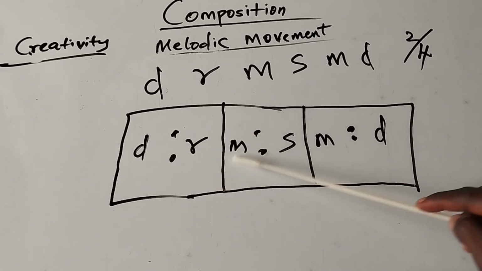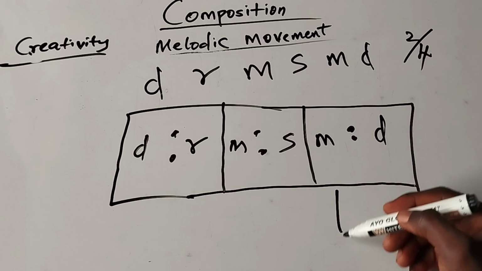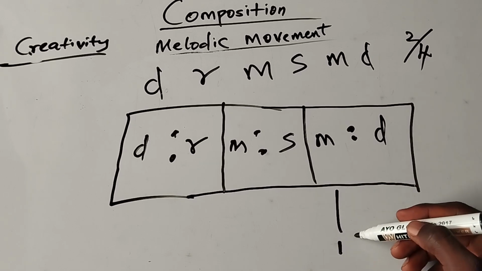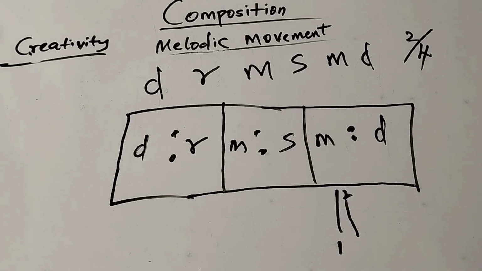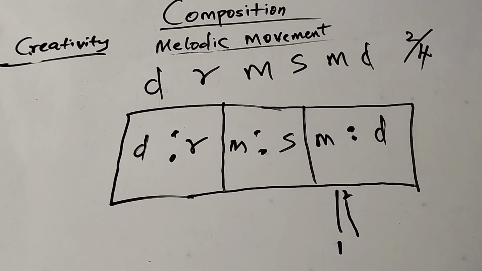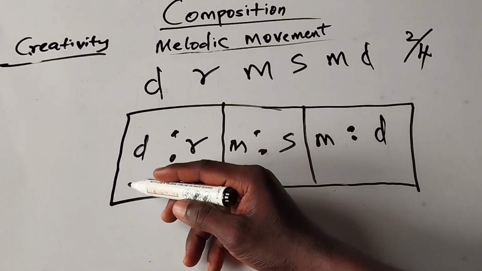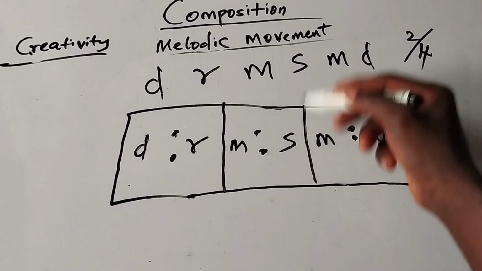Do, re, mi, so, mi, do. The conducting pattern says just bring down your hand, that is number 1. Raise it up, number 2. If you bring down your hand 1, you raise it up 2, that is 2/4. You sing do, raise it up, you sing re, bring it down, bring it up.